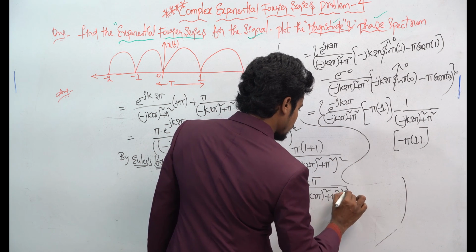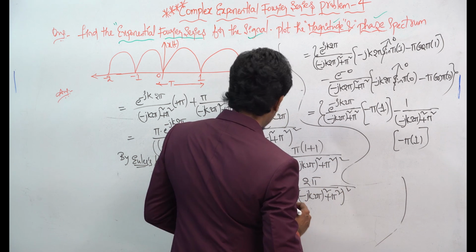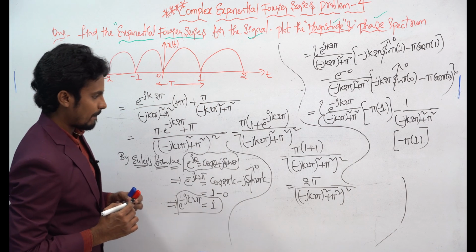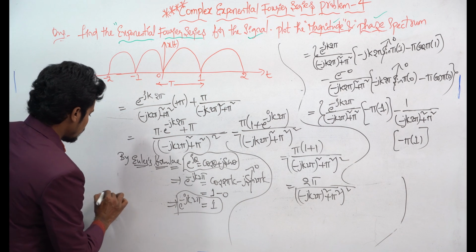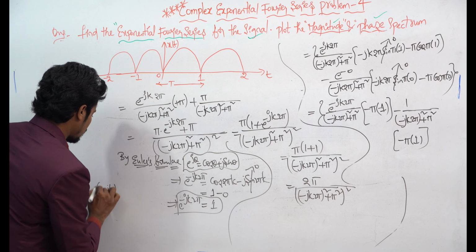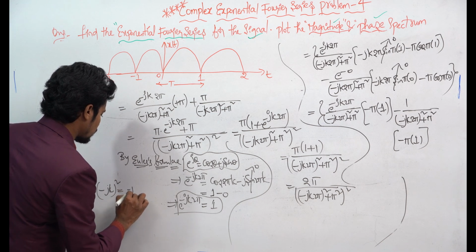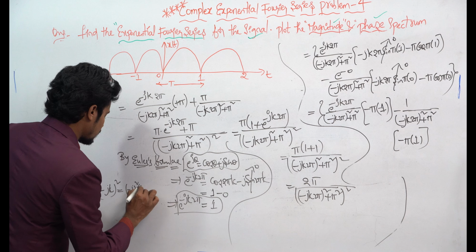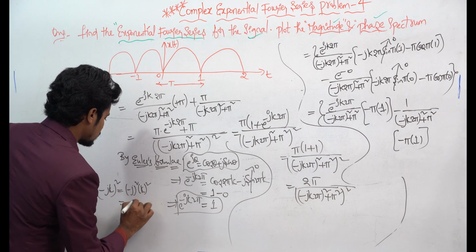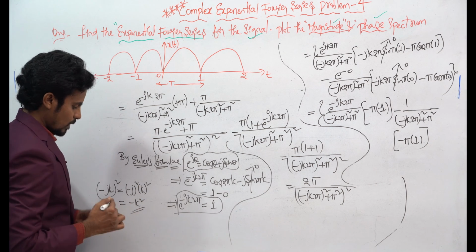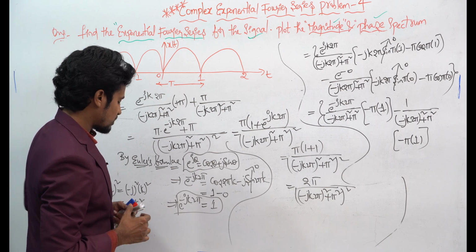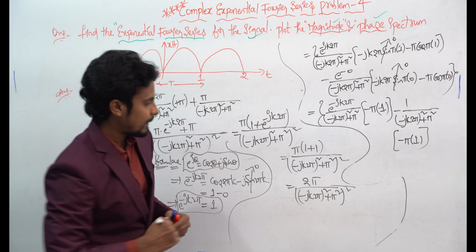Whole square. Now how can you write this? (Minus jk) whole square is equal to (minus j) whole square into k square, so this will become minus k square. So substitute, replace (minus jk) whole square with minus k square.